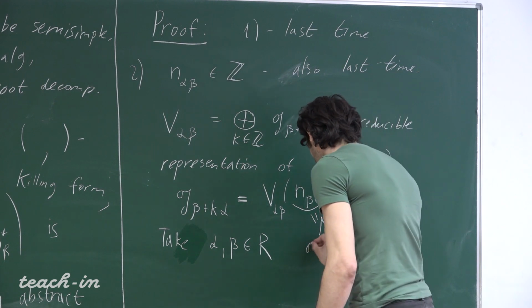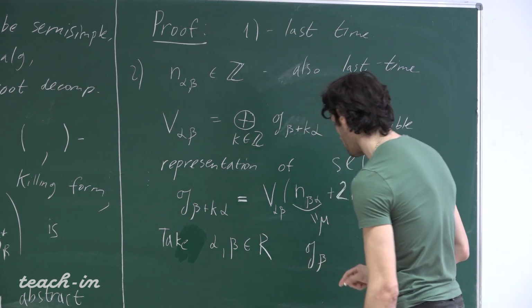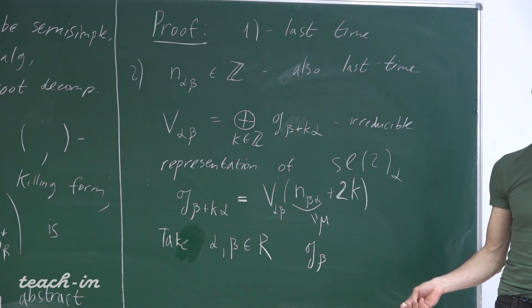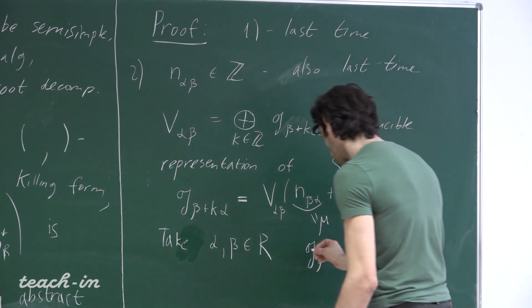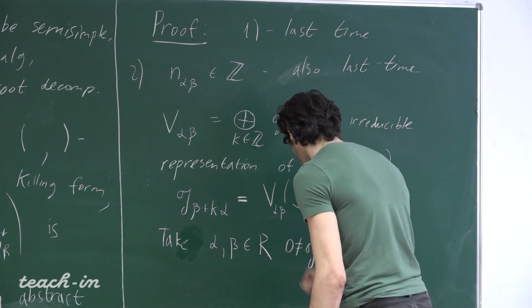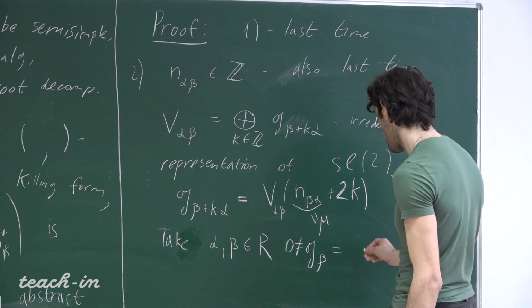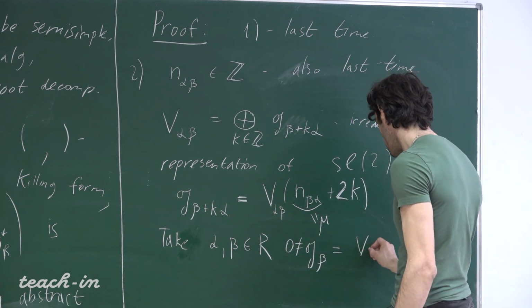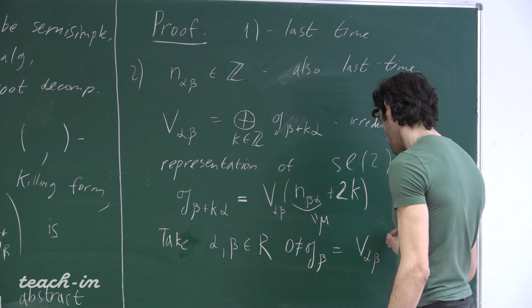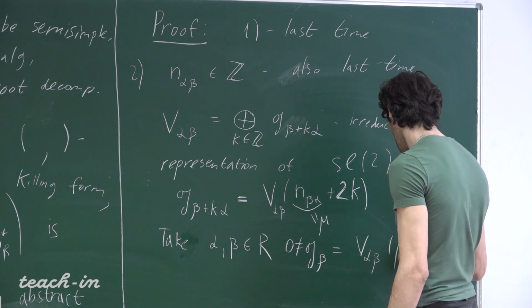Then g beta is not 0, right? Because beta is a root. On the other hand, because of this line, it is exactly V alpha beta of mu.